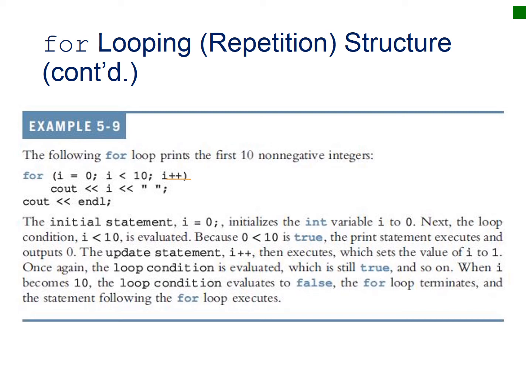The update statement, i++, then executes, which sets the value of i to 1. Once again, the loop condition is evaluated, which is still true, and so on. When i becomes 10, the loop condition evaluates to false, and the for loop terminates. And the statement following the for loop executes.